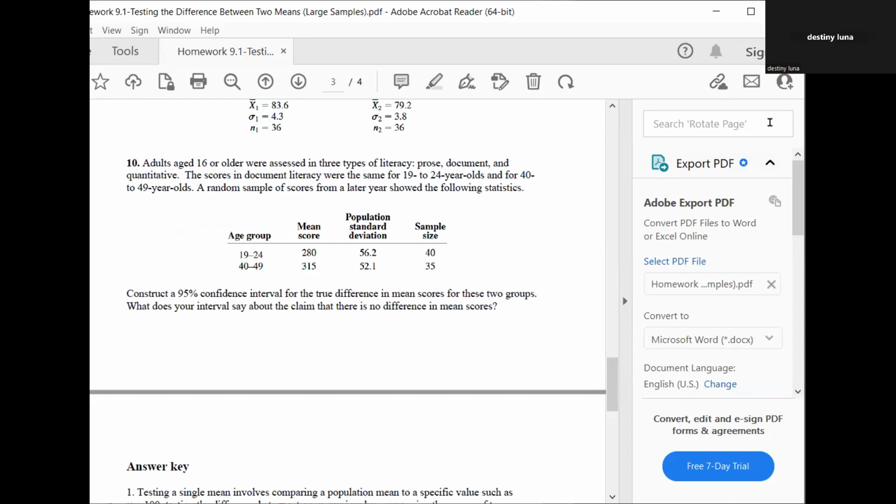Okay, well, this is her little nod to hypothesis testing with confidence intervals without giving you the whole thing. The claim is that there is no difference in mean scores. This is not a hypothesis test per se. She's just asking you a question. So you would say this.